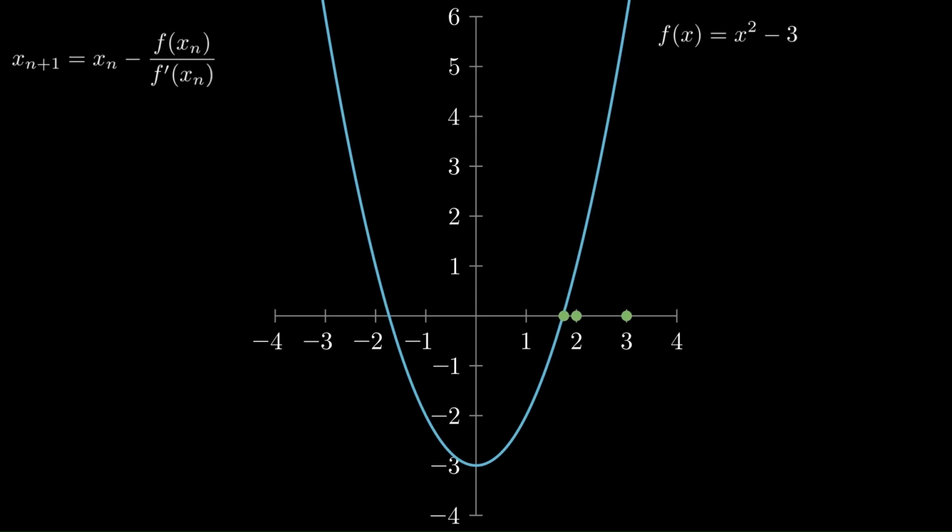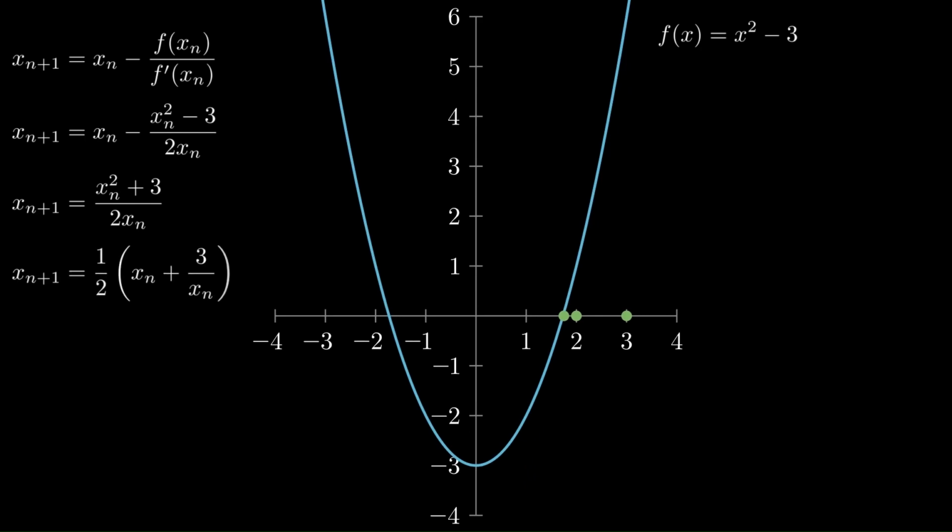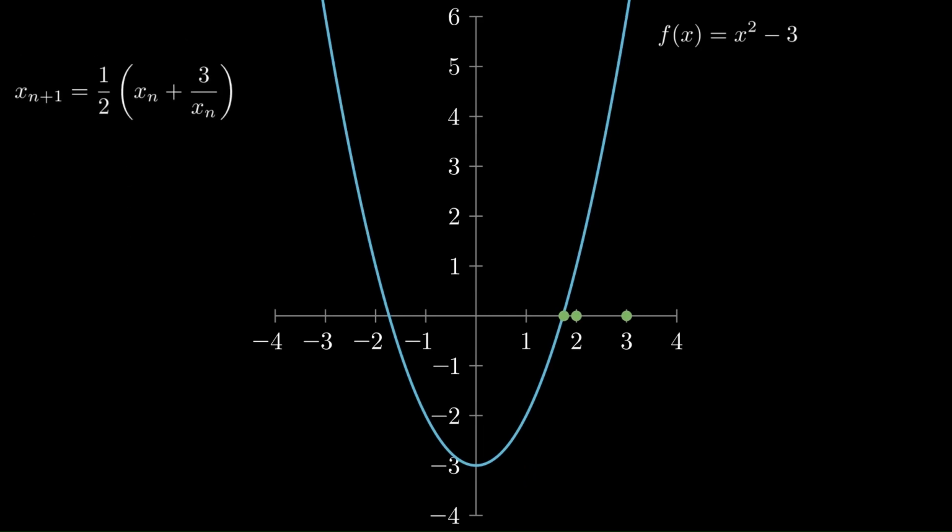Applying the formula gives xn plus 1 equals xn minus (xn squared minus 3) over 2xn. And after some rearranging, that's 1/2 of (xn plus 3 over xn). Now intuitively, if we start with x near the square root of 3, then 3 over x will also be near the square root of 3.